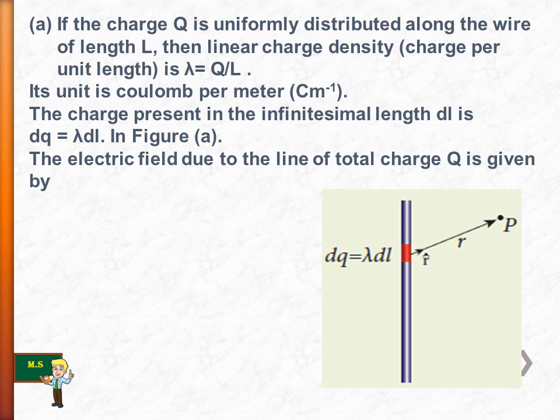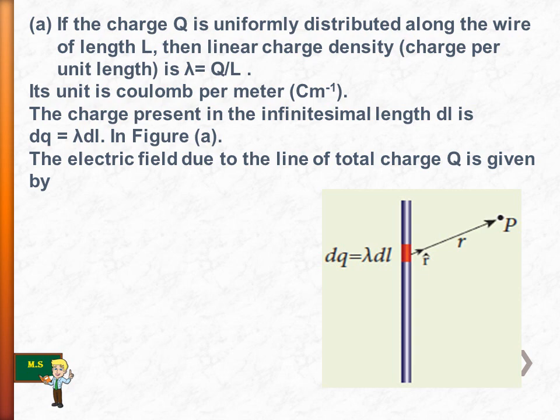Now, if the charge q is uniformly distributed along a wire of length L, the linear charge density, that means the charge per unit length, lambda is equal to q divided by L. That means charge divided by length.